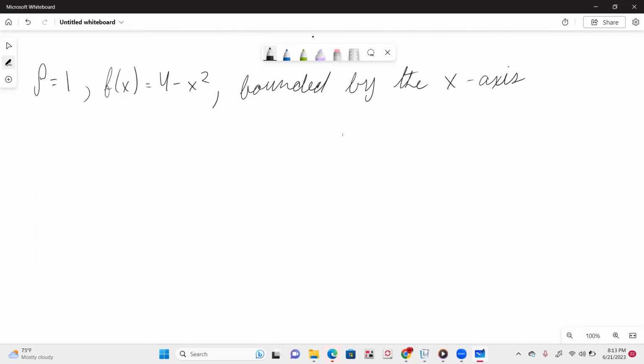In order to find our center of mass, we first have to find our moment of x and our moment of y.